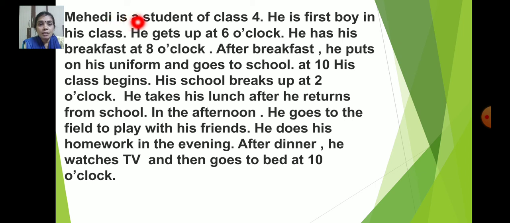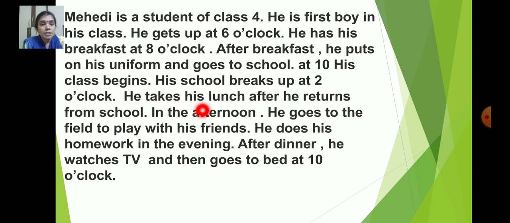Mehdi is a student of class 4. He is first boy in his class. He gets up at 6 o'clock. He has his breakfast at 8 o'clock. After breakfast, he puts on his uniform and goes to school. At 10, his class begins. His school breaks up at 2 o'clock.